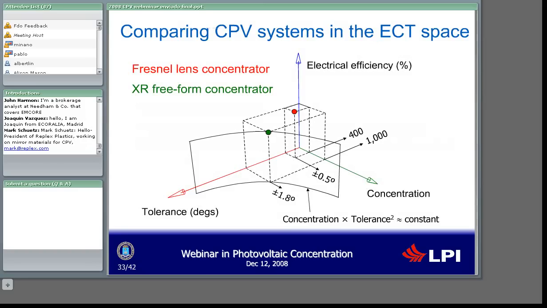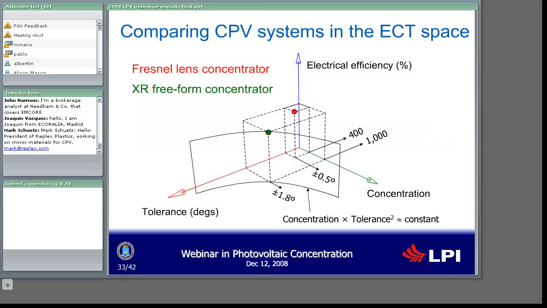Once you have a design family or a design concept, as we mentioned at the introduction, it is possible to redesign your system for that family, so that you can vary the concentration and vary the tolerance accordingly. And then you can move along that line that is shown there, for instance, for the XR, to provide a different design for a different concentration and a different tolerance.